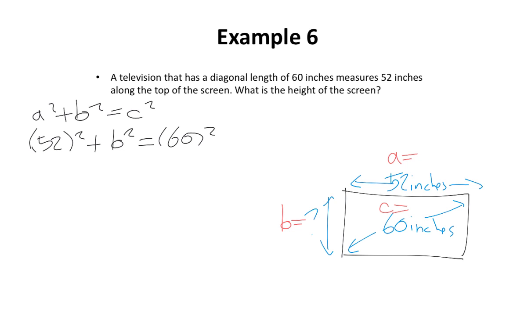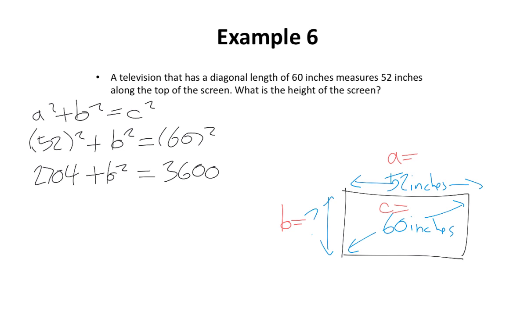Let's simplify some of these numbers. 52 squared is 2,704. The b squared is going to stay the same. And 60 squared is 3,600.